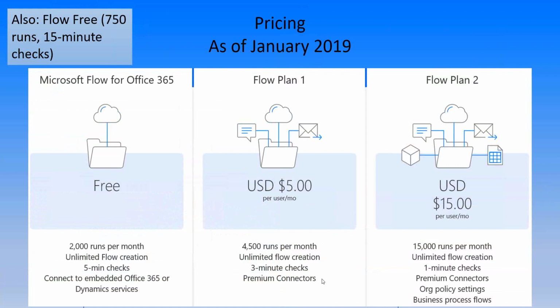I meant to mention when we were looking at the connectors, some of them have a little premium icon at the bottom, and that means you can only use them if you have Flow Plan 1 or 2. Some examples of those are Salesforce and the Common Data Service, so some sort of more premium services, I guess, are what you can access with the premium plan. And then Flow Plan 2 gives you the business process flows in addition to that, and more runs and more frequent checks.